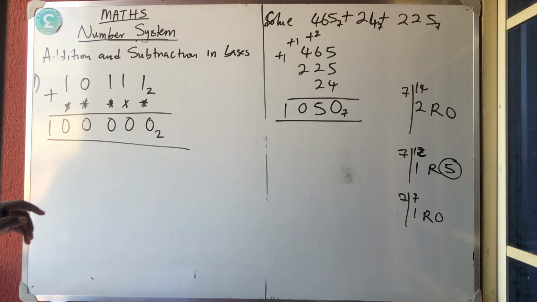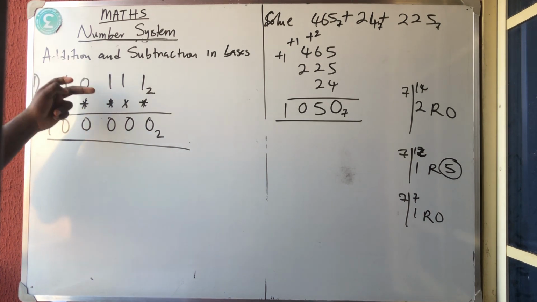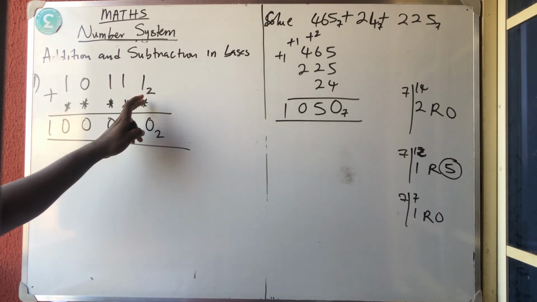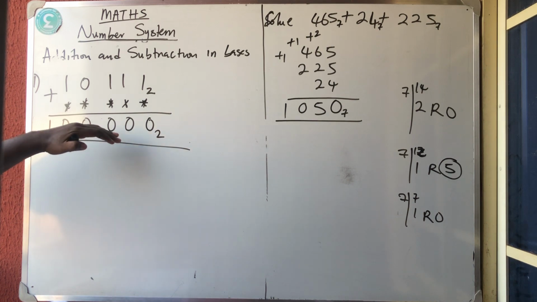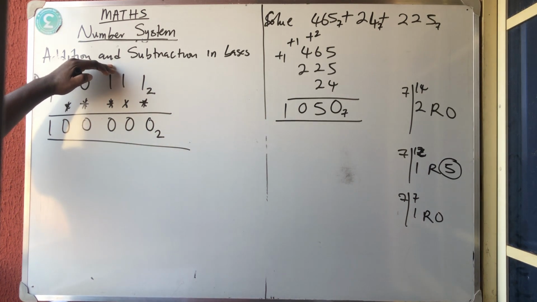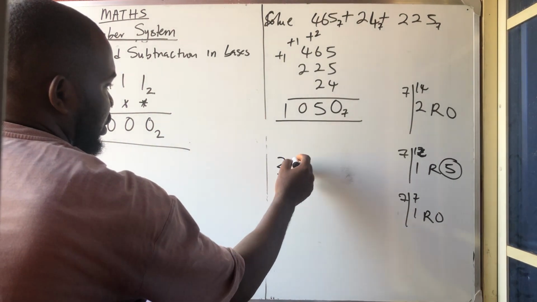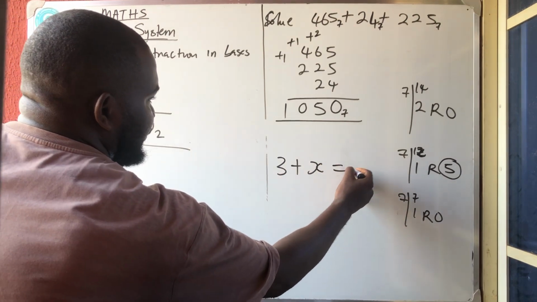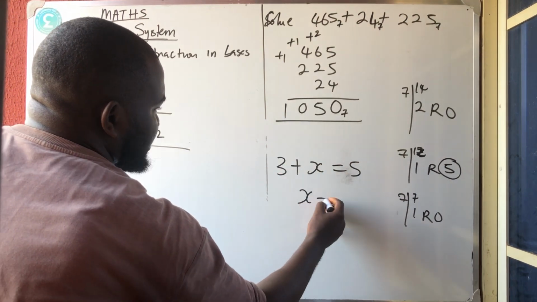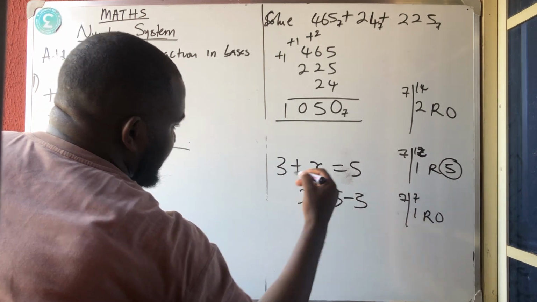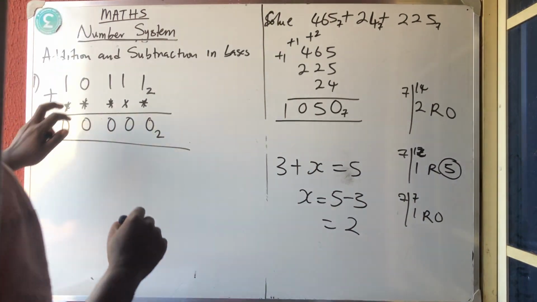And what they did was addition. They say this thing plus something gave us this, so we need to find that thing. To find that thing is to simply say the answer minus this. As simple as that. It's as good as saying 3 plus a number x gives me 5. So to find that number x is simply the answer minus that 3, to give you that x is 2.